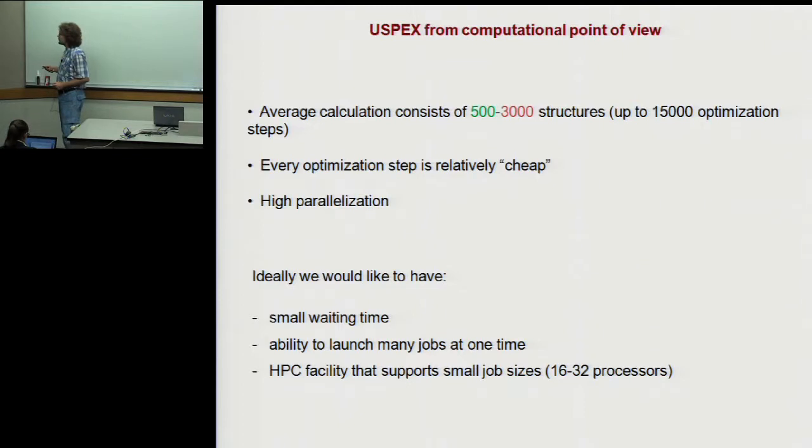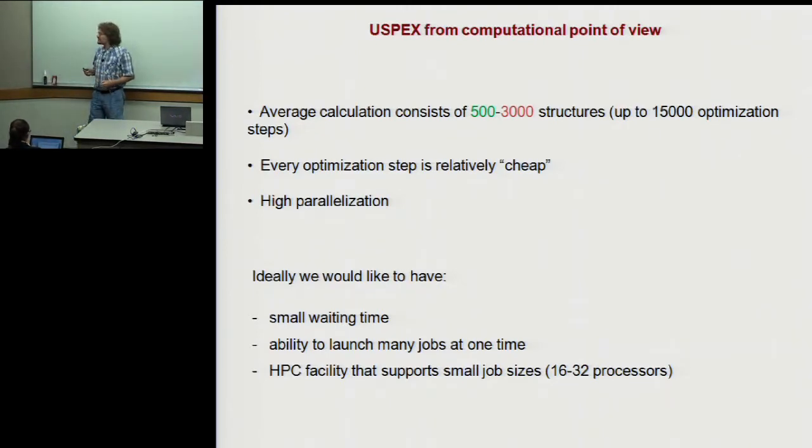In each average calculation, usually we have to locally optimize from 500 to 3,000 structures. Sometimes it's more, and sometimes for a simple system it's fewer, but it's something in this range. And each local optimization consists of a few local optimization steps. It can be 5, it can be 7 steps. And as you can see, we have relatively cheap steps.